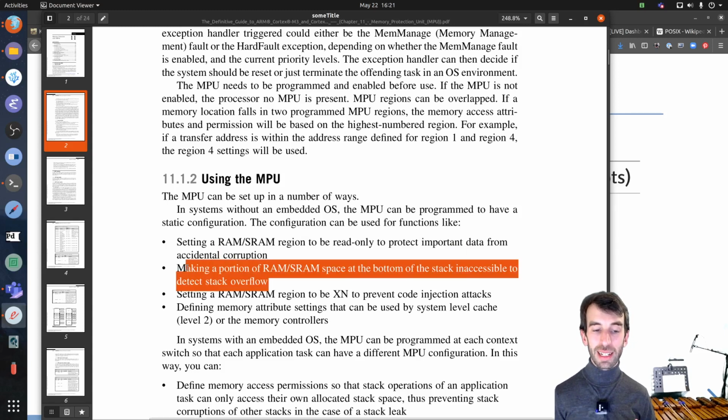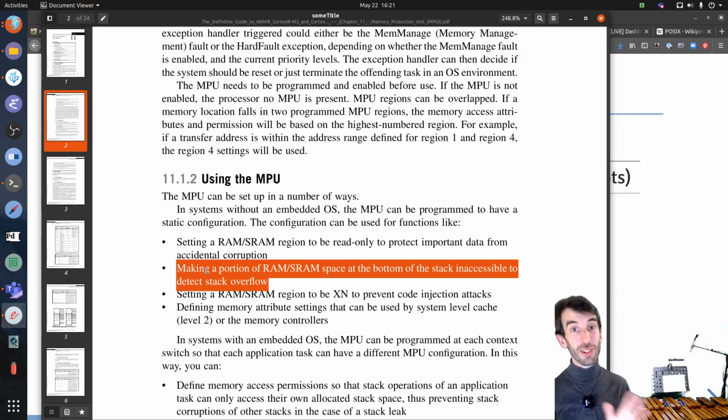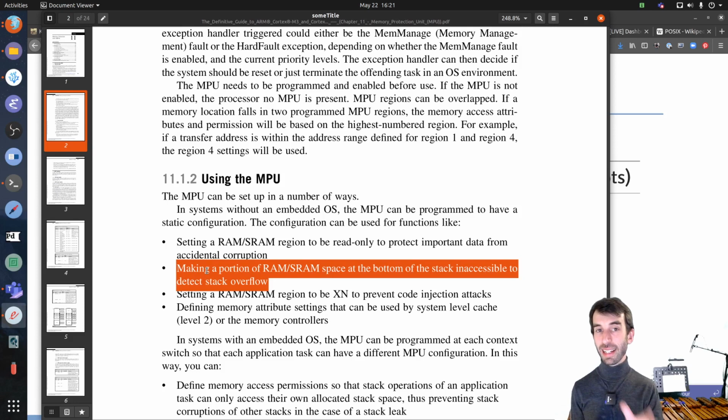You might also make a little bit of your SRAM at the bottom of the stack inaccessible, so that if your stack tries to go further than that, then you would know about it. You'd end up with an exception. So that would help you protect yourself against stack overflow, which would be good. So we can use this hardware to make a safer place for our software to run.